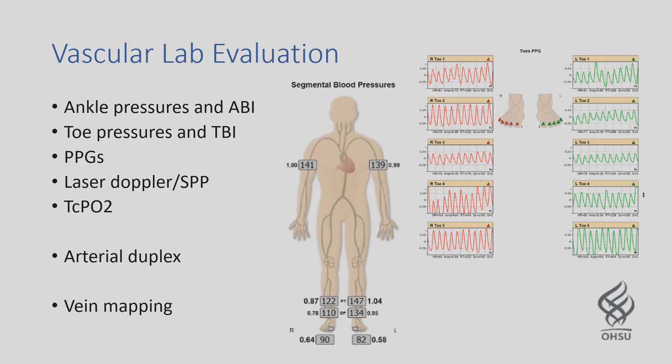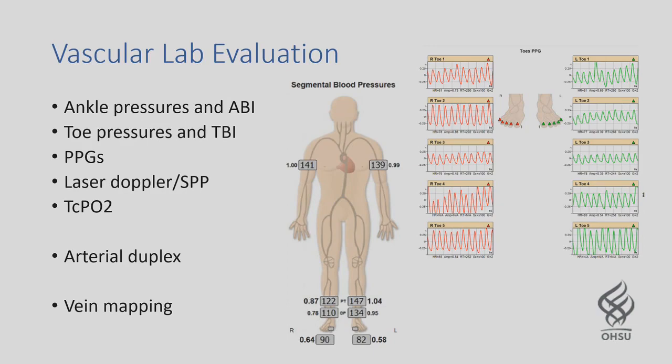Photoplethysmography, an example of these photoplethysmography waveforms is there on your screen right, showing pulsatile waveforms. So in patients with non-compressible ABIs, this can let us know, do they have evidence of pulsatile flow in the toes or not.